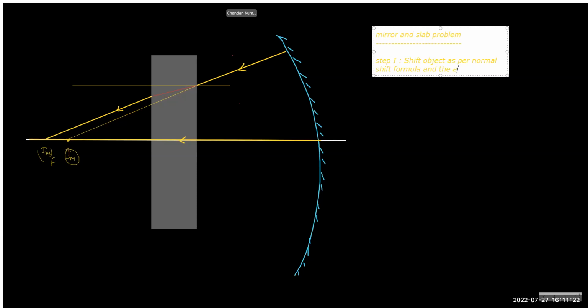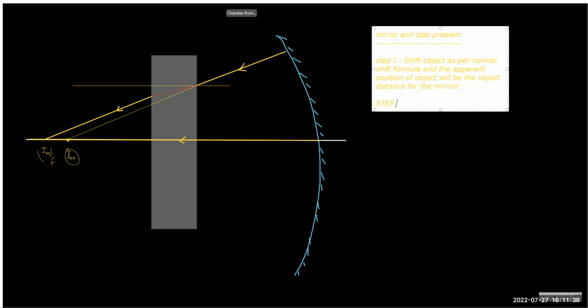And the apparent position of the object will be the object distance for the mirror, right? And step 2 is what? Solve for image position using the mirror formula.